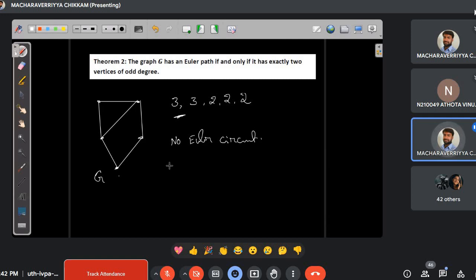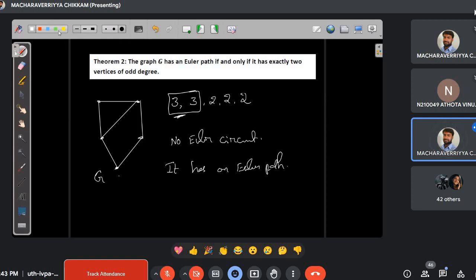But when it comes to an Euler path, yeah, it has an Euler path because we can identify two vertices of odd degree. All right, and the more interesting thing is that an Euler path is going to start at an odd degree vertex and end at an odd degree vertex. It starts at one odd degree vertex and ends at another odd degree vertex.